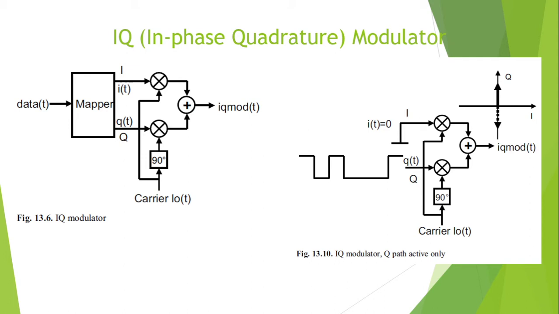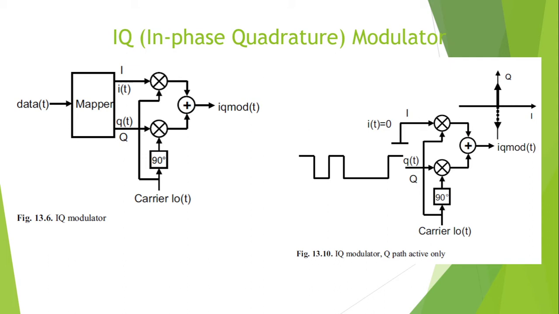The output signals of the I and Q paths are sine and cosine signals of the same carrier frequency and differ only in amplitude. A sinusoidal output signal IQ mod of t of variable amplitude and phase is obtained through the superposition of the sinusoidal I output signal and the cosinusoidal Q output signal.